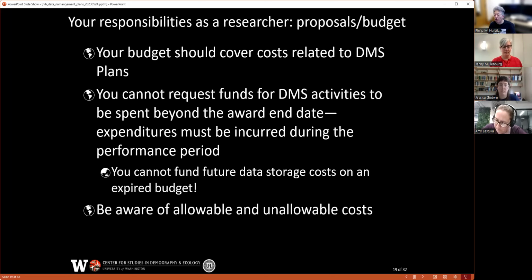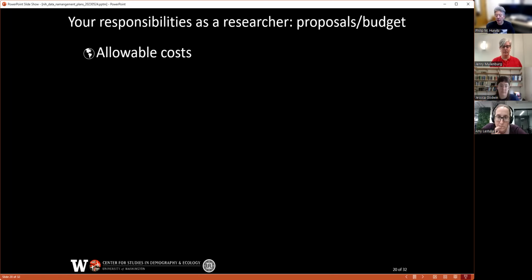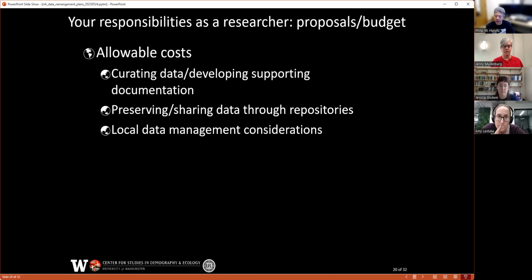And then there are allowable and unallowable costs. So there are certain things that you can ask money for, but other things that you cannot ask money for. Allowable costs include things such as curating data and developing supporting documentation.